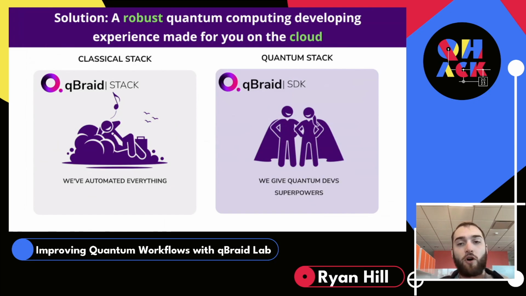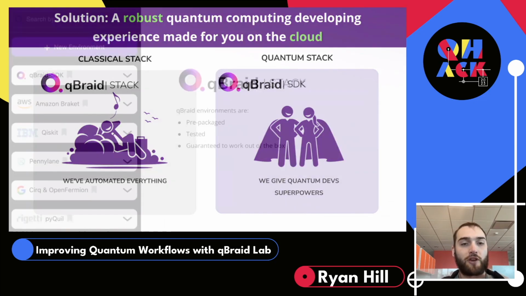And then we've also added enhancements to the quantum stack, which is our own internal qBraid software development kit, which many people know mainly for its transpiler, which is a way to convert circuits between many different front-end software languages. And in this presentation, we're going to be focusing mostly on the classical stack and how you can use qBraid Lab to start running quantum programs and focusing on those tools.